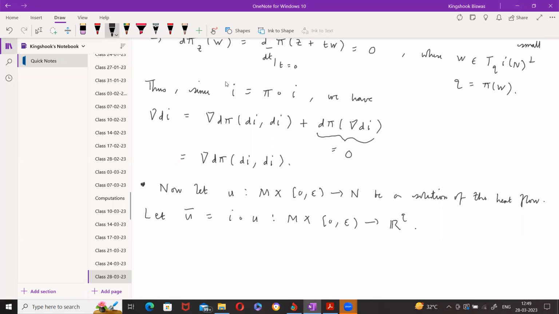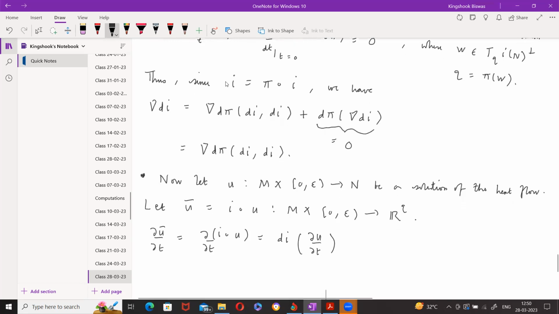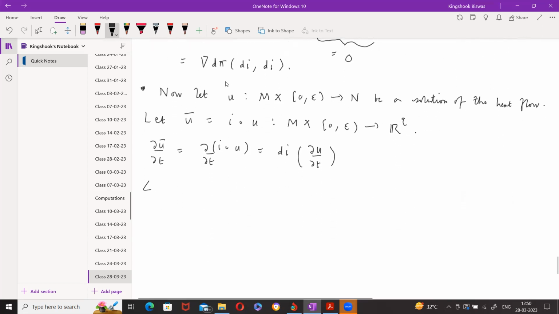So for the heat equation, we need to look at del U bar del T. This is del T of I composed with U, so by the chain rule, di of del U del T. And now let's look at the Laplacian of U bar.